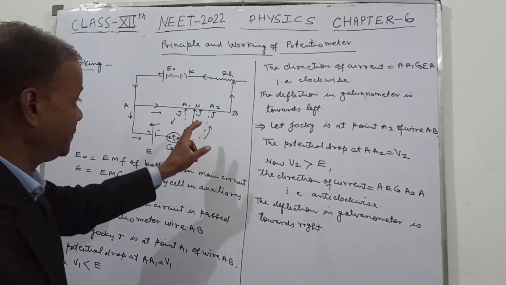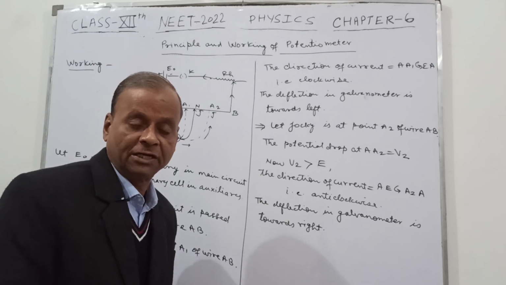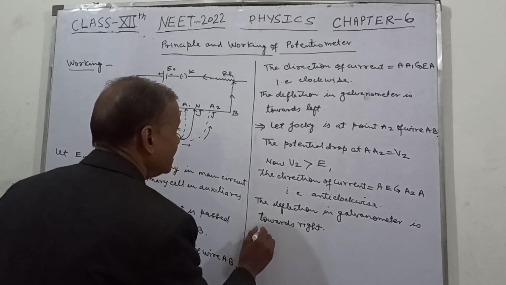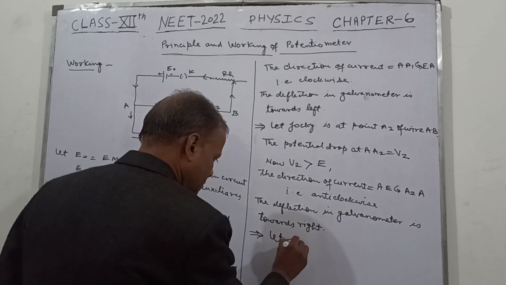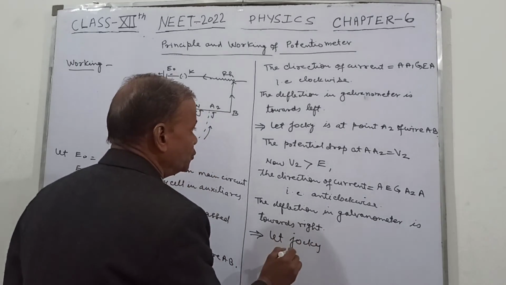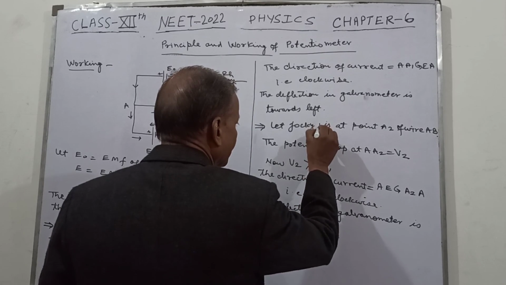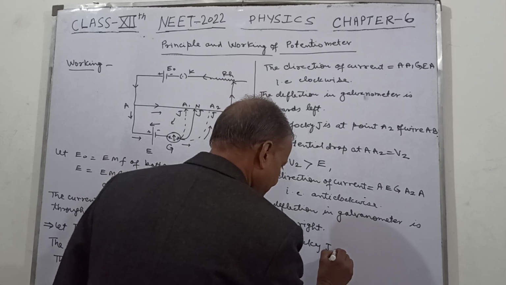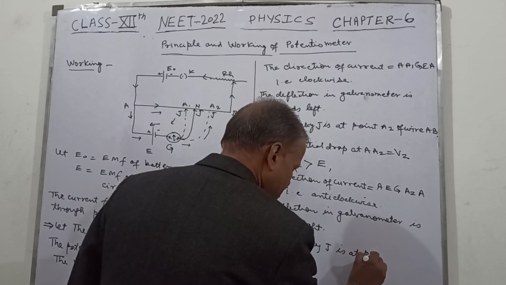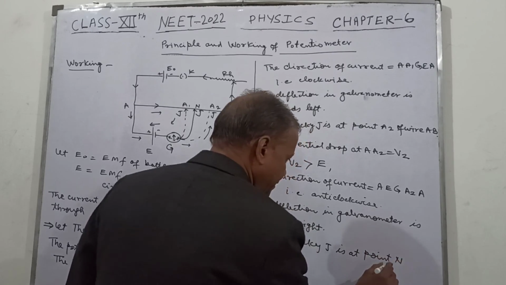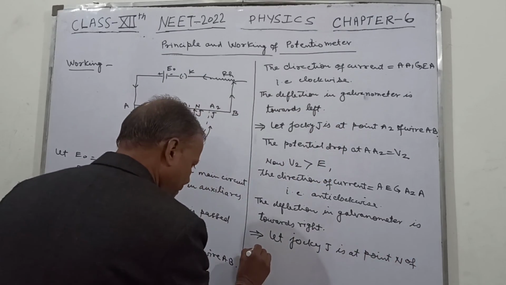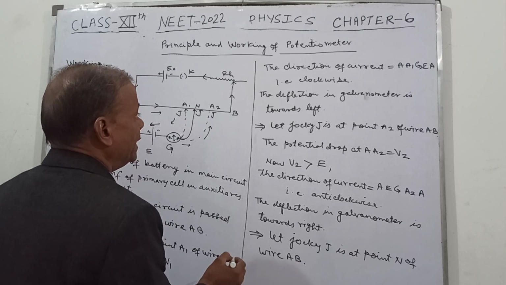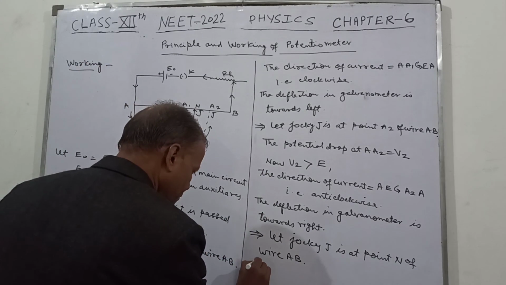It means that there will be a point between A1 and A2 where the deflection will be 0. Let the jockey J be at point N of wire AB.